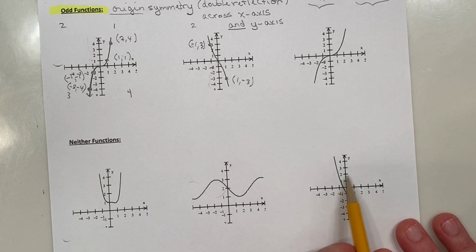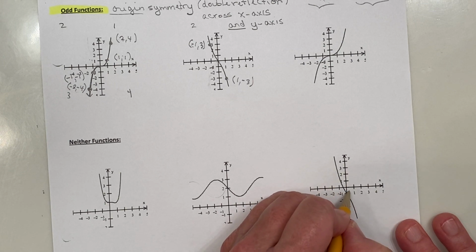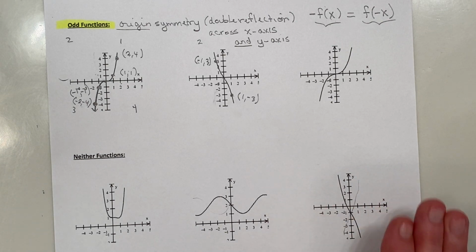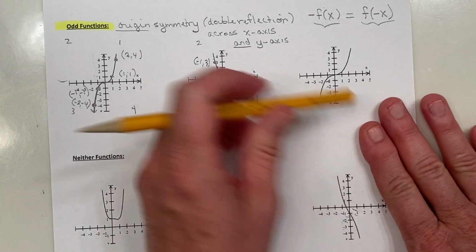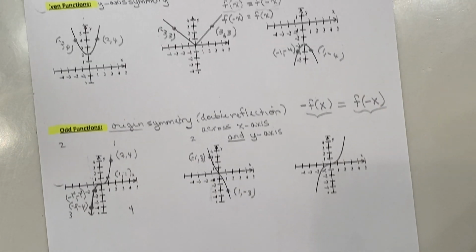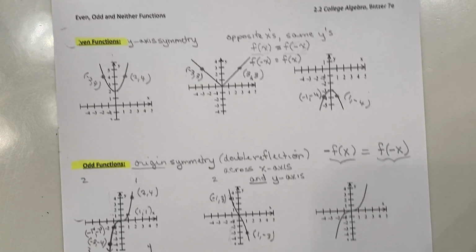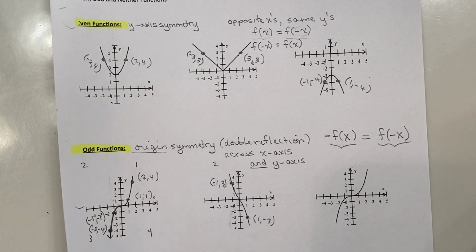And same thing here. If you fold it across the y-axis, you're not going to coincide with what's already there as part of the graph. So hopefully this gave you an idea of symmetry, and also of classifying functions as even, odd, or neither. Okay. Now I'm going to return to the notes.